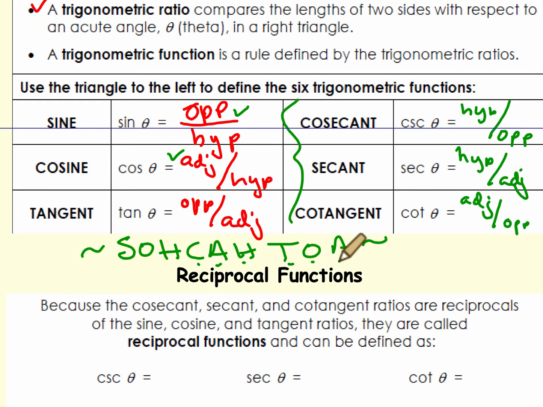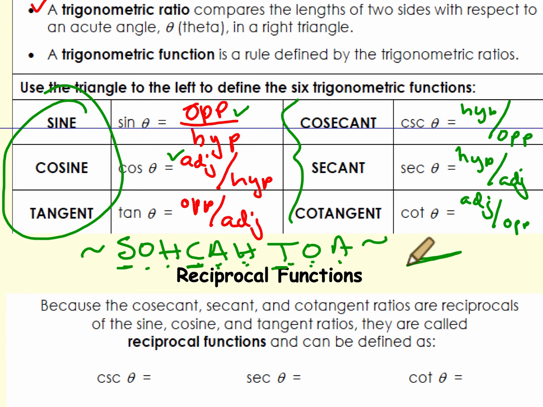Basically, it's a way to help you remember the basic sine, cosine, and tangent functions. Sine, opposite over hypotenuse. Cosine, adjacent over hypotenuse. Tangent, opposite over adjacent. And if you can remember those three, and just remember which ones are the reciprocals, then it's basically what you need to know.